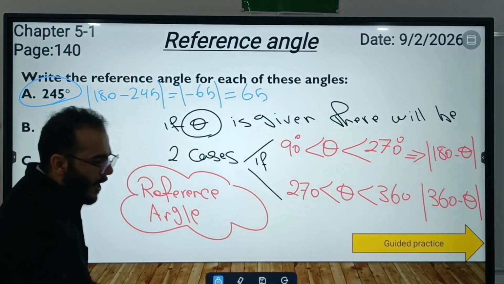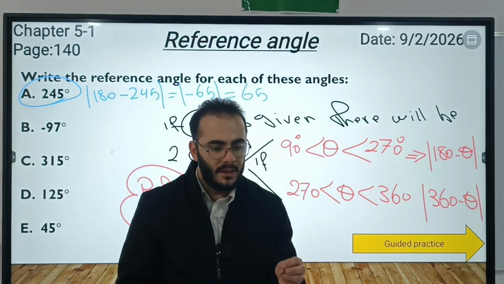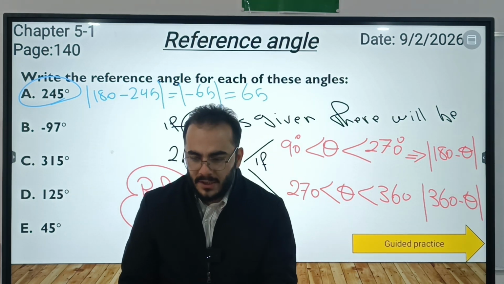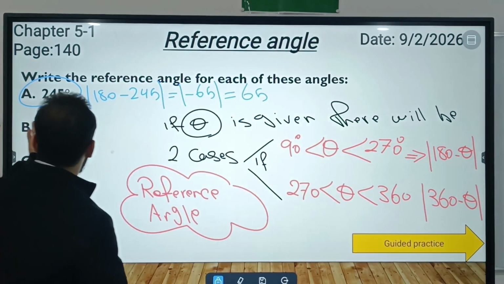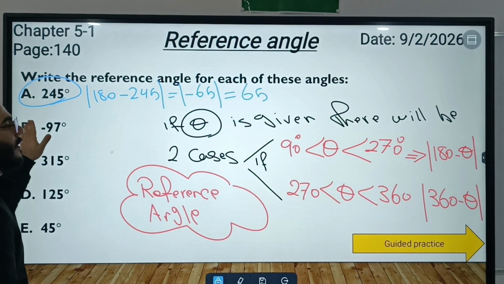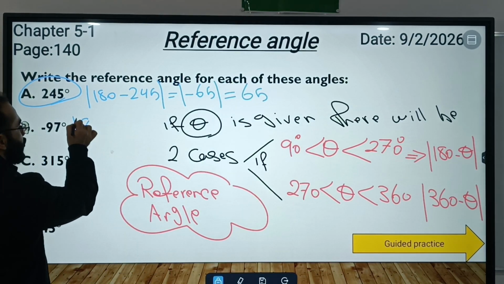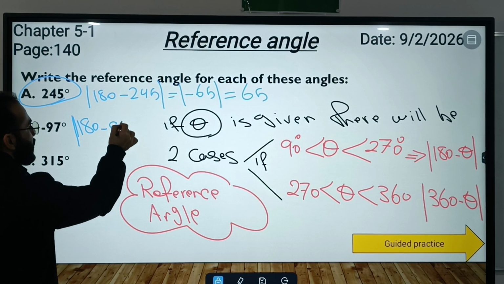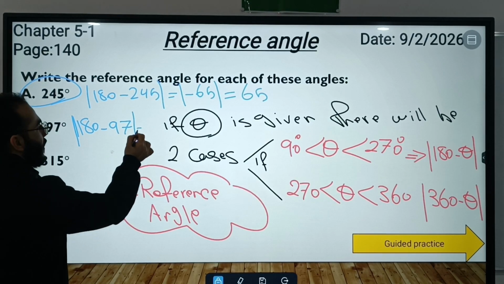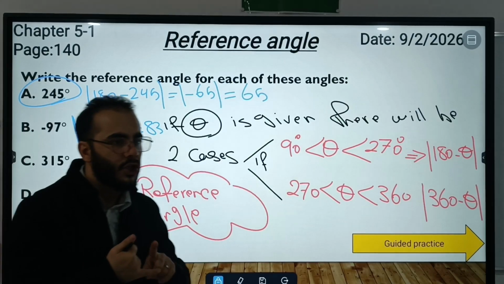Negative 97. You might ask me, teacher, you didn't discuss negative angles. Okay. Whenever we have negative angles, ignore the negative sign. So right now, imagine there is no negative. So 97, it's for this case. Therefore, the reference angle equals the absolute value of 180 minus 97. So it equals clearly 83. 83 is acute.